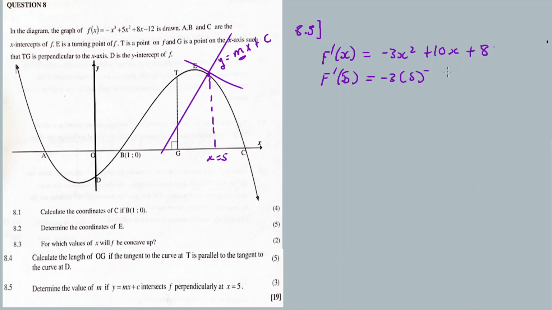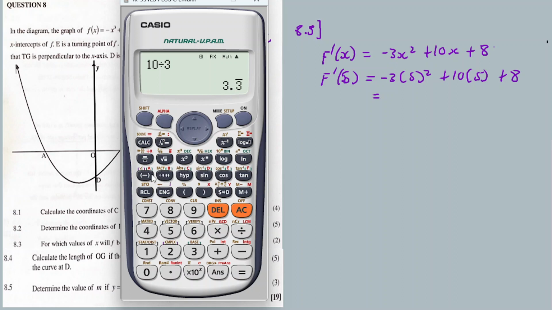So negative 3 times 5 squared plus 10 times 5 plus 8 is equal to, calculator, negative 3 times 5 squared plus 10 times 5 plus 8. Answer, it should be negative 17.